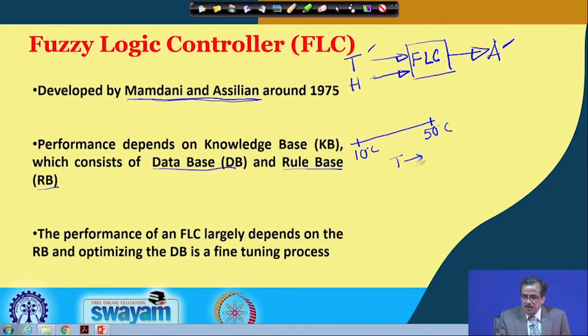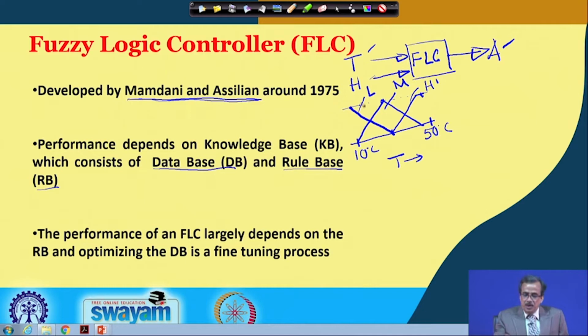This whole range of temperature is expressed with the help of some linguistic terms, and for simplicity let me consider that I am using only 3 linguistic terms. Supposing that the linguistic terms are as follows. This is the membership function distribution or the fuzzy set for the low temperature denoted by L. This is the membership function distribution for the medium temperature M, and this is for the high temperature, denoted by H prime.